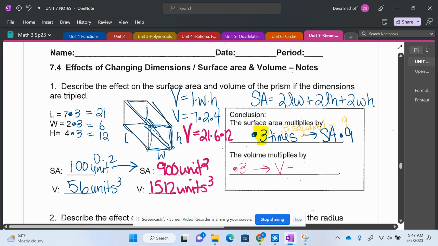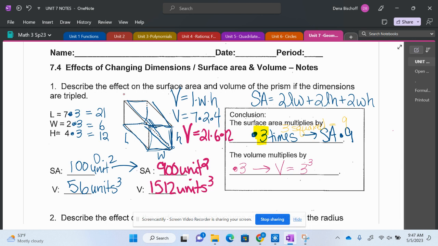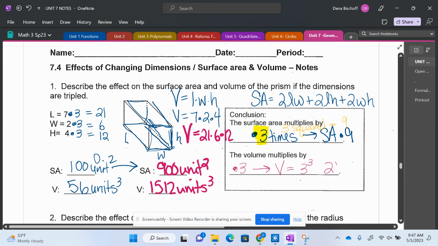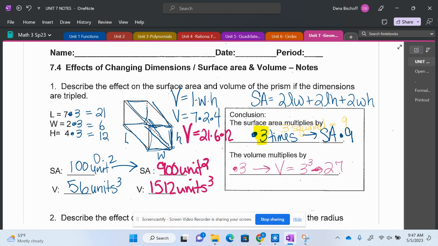The new volume is 3 cubed, right? Because volume is cubic. So what did we really multiply by? Yeah, we multiplied by 27. Well, let's check that. What is 56 times 27? 1512. Yeah, which is what we got, right?